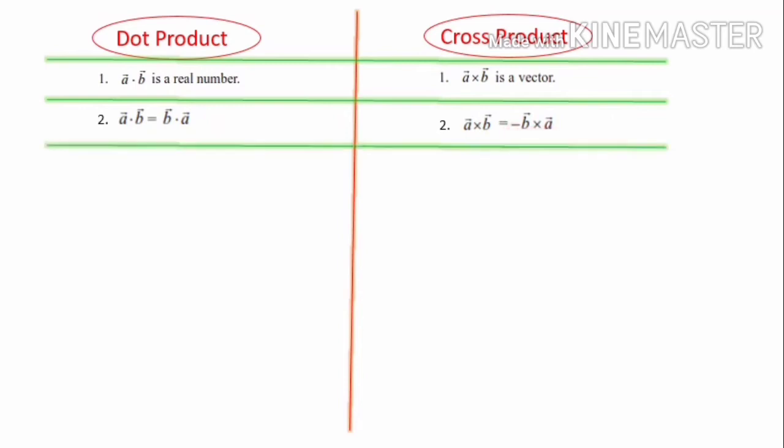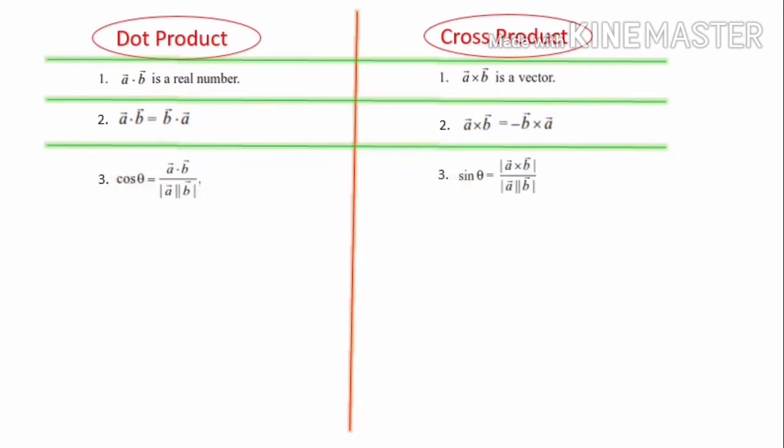And the third point, angle between two vectors in case of dot product is vector A dot vector B divided by modulus of vector A into modulus of vector B, that is equal to cos theta.